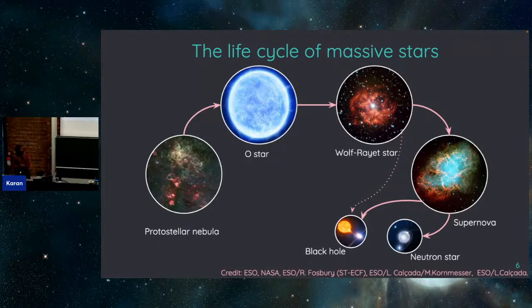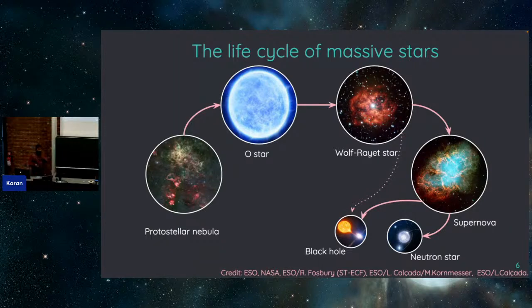For now, I've shown you an O star, and an O star will at some point in its lifetime appear as a Wolf-Rayet star. These are the objects that we are looking at. So you're looking at quite evolved stars. They're old. In terms of human age, they're about to die. Let's say they're quite up there, depending on where you live. The end stages of these stars are quite diverse, and quite uncertain as well.